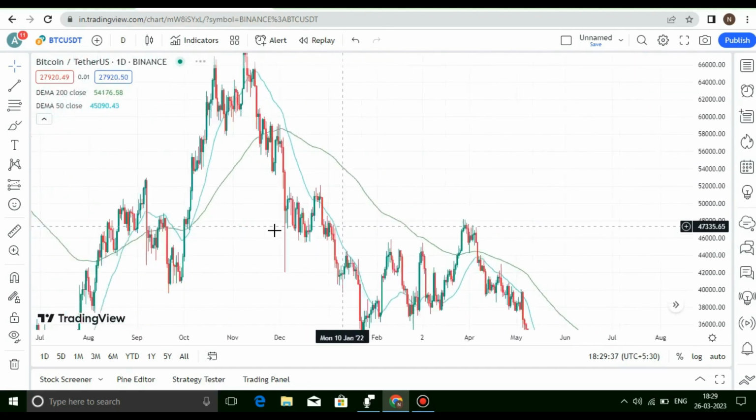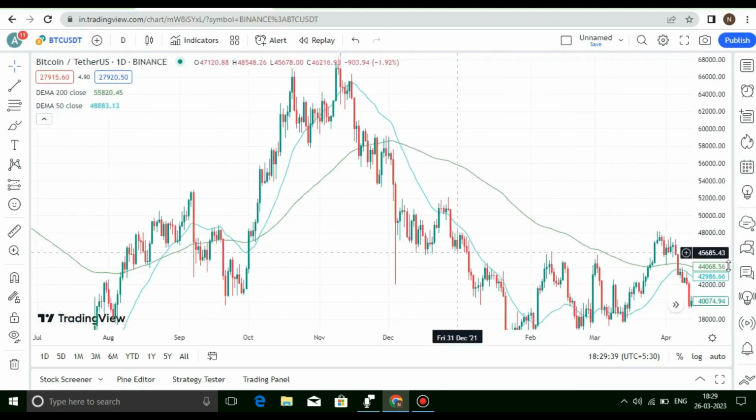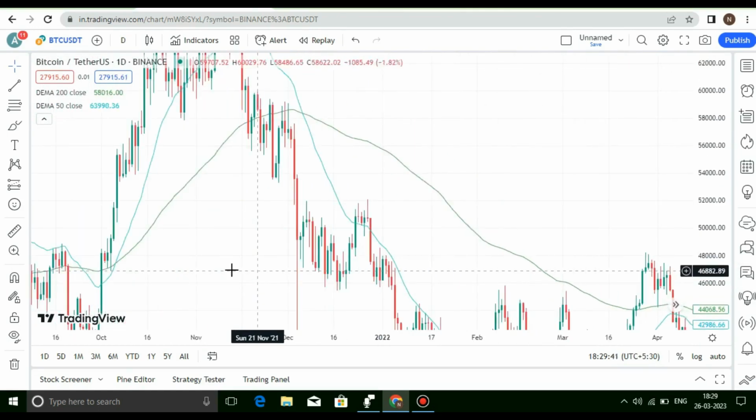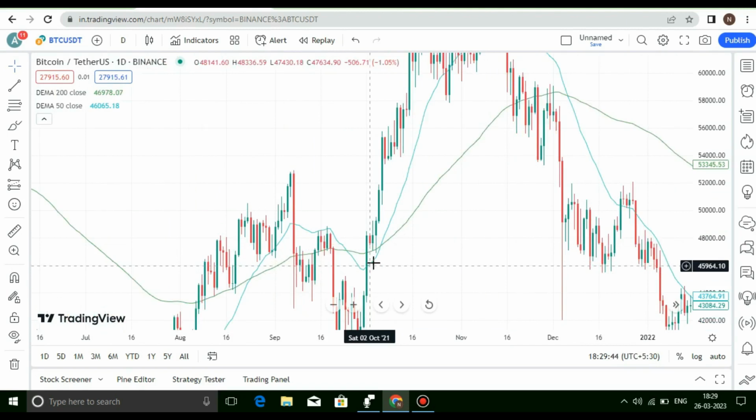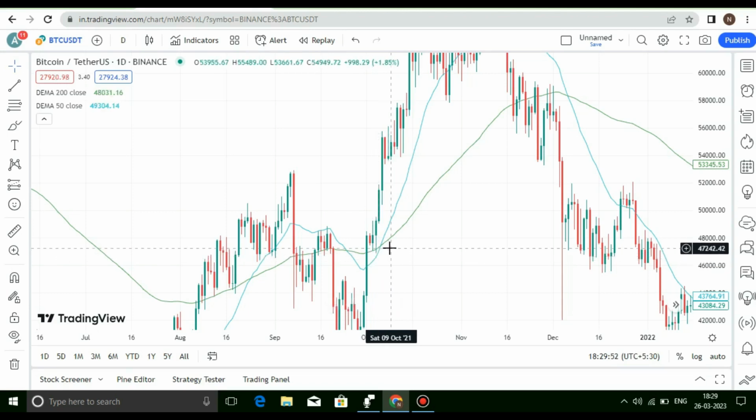Here, obviously, as you can see, the double exponential moving average of 50-day, see where my cursor is, the DEMA of 50-day has crossed the DEMA of 200 days from below over here.